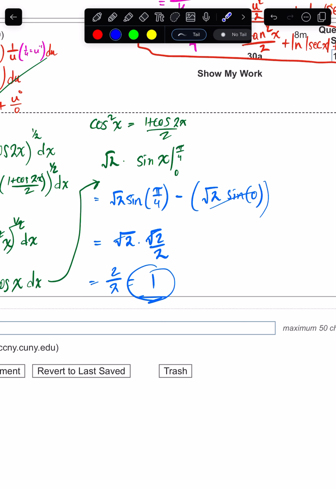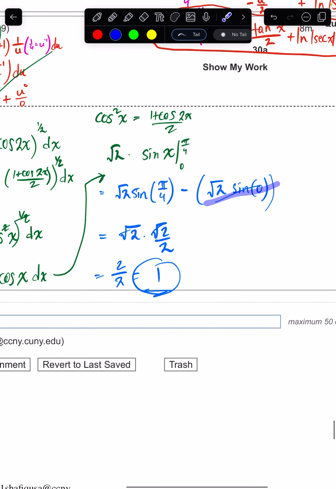Sine 0 is just 0, so this cancels out, and square root of 2 times sine of pi over 4. Sine of pi over 4 is square root of 2 over 2, and these square roots cancel out. You're left with 2 over 2, and that's just 1.